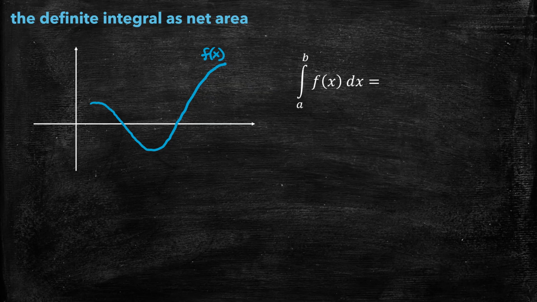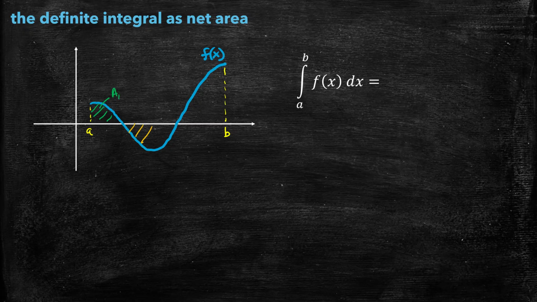So if I'd like to find the definite integral of f of x from a to b, let's call this a, and let's call this b. And what we discovered is that if the function is above the x-axis, we know the area is going to be interpreted as positive.